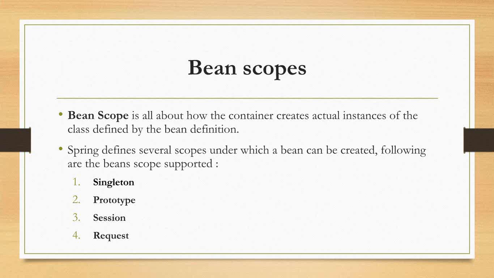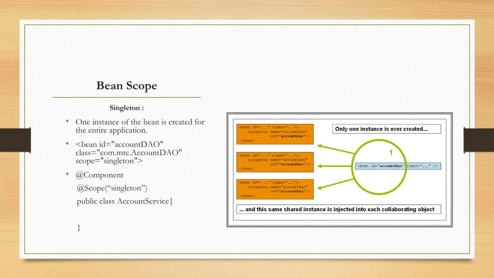You'll find that we have different types of bean scopes like singleton, prototype, session, and request. So let's start with singleton. This is the default bean scope for the container.